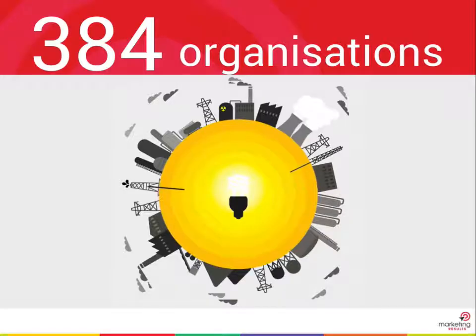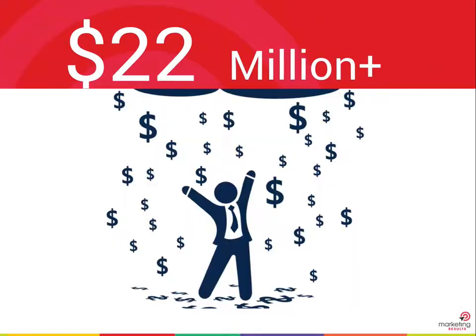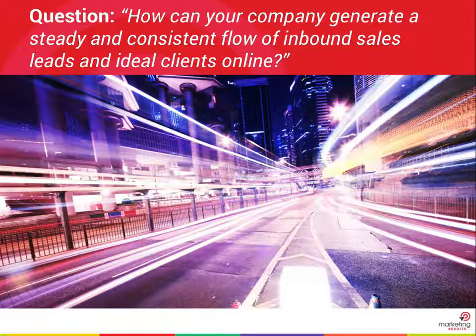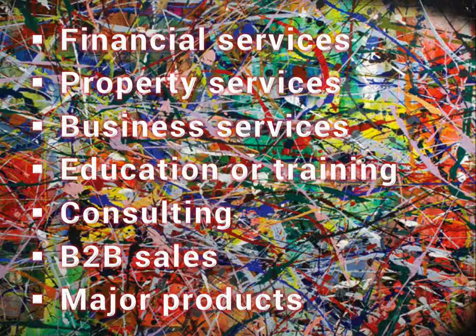So that being the case, in this video series, I'll be sharing with you our formula for systematic lead generation that has been developed and refined after working intensively with over 384 organizations and testing with more than $22 million worth of live online traffic. And the aim of this video series is to answer the question, how can your company generate a steady and consistent flow of inbound sales leads and ideal clients online, especially if your service or product is complex?